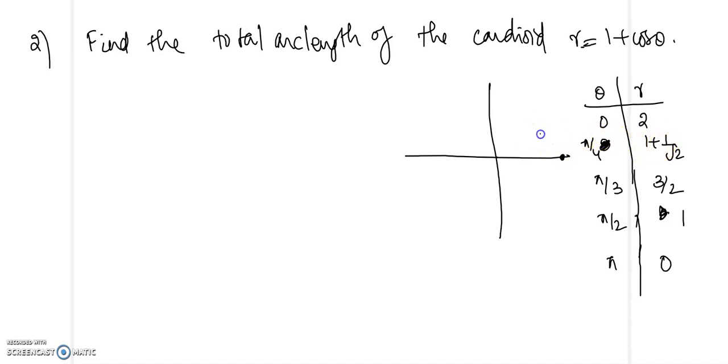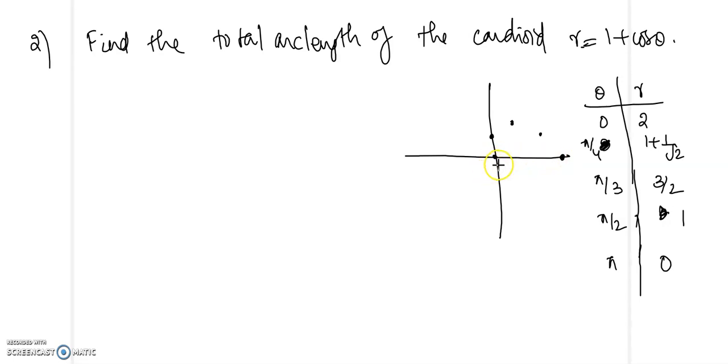So that will be 1 plus 1 by root 2, and again at pi by 3 the value will be 3 by 2, and at pi by 2 the value is going to be 1, and at pi the value will be equal to 0.